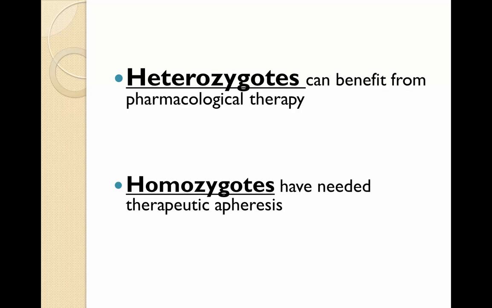If you're a heterozygote, you will benefit from pharmacological therapy, but homozygotes generally have to have therapeutic apheresis, which is a way to remove the actual cholesterol from the blood itself. There are some new medications being developed out there to help the person who has the homozygote condition so that they don't require this.